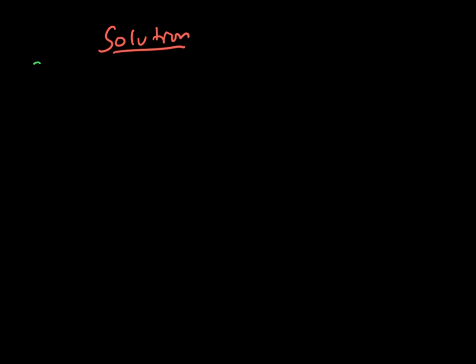First one, they want you to integrate 1 over x cubed dx. Use knowledge of indices and write this as x to the -3 dx. Remember the rule of integration: increase the power by 1, divide by the new power.